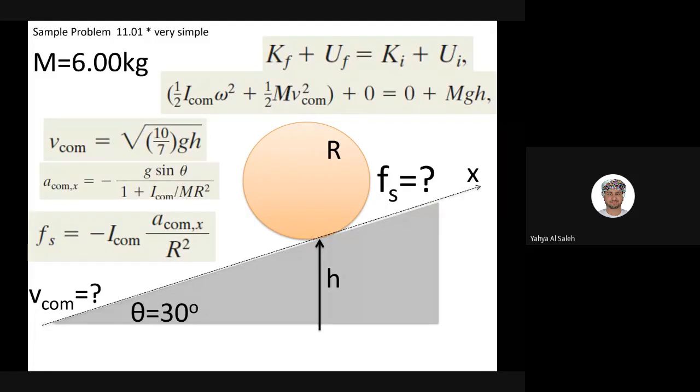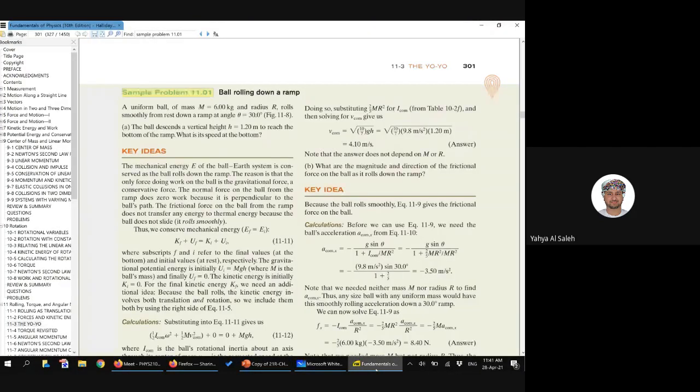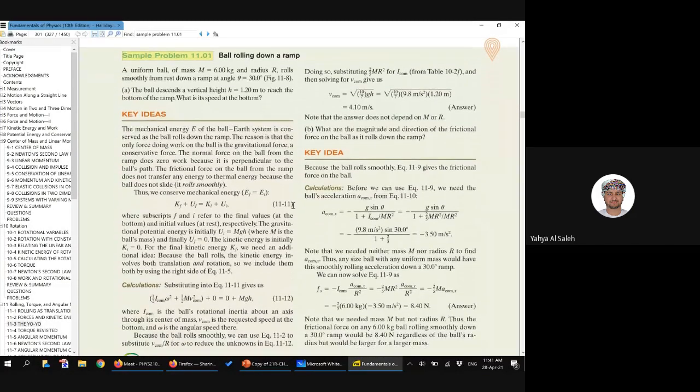Now, some people might say, okay, wait, stop. V com square root 10 over 7 gh, how did you even get to that? You skipped a few steps. Yeah, how did we end up with that V com?